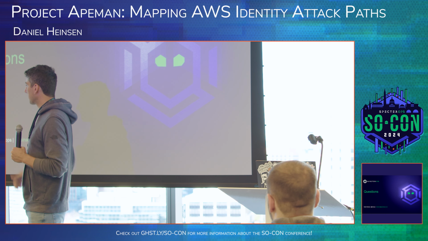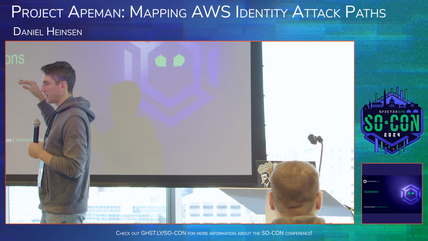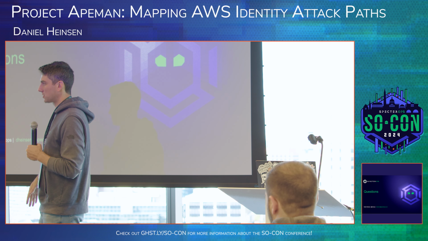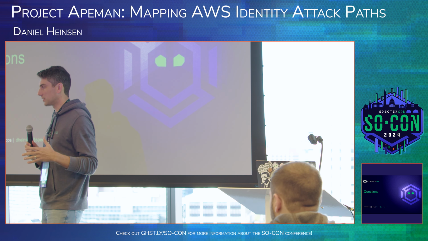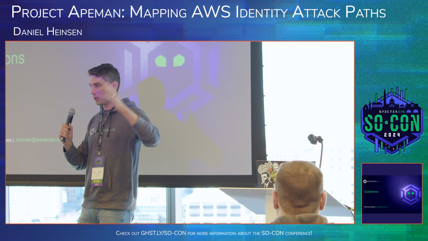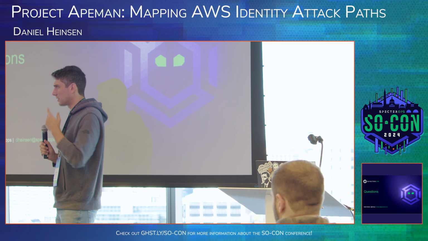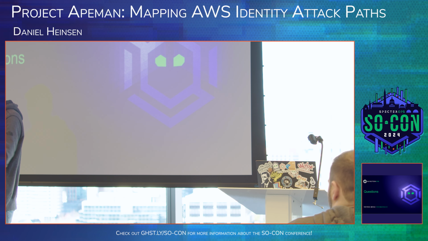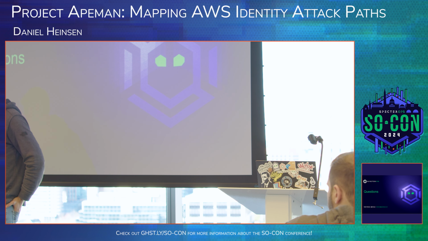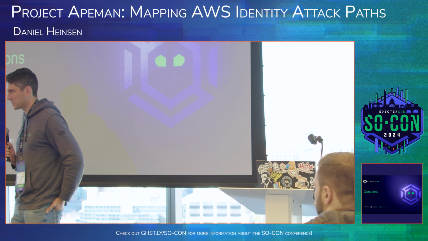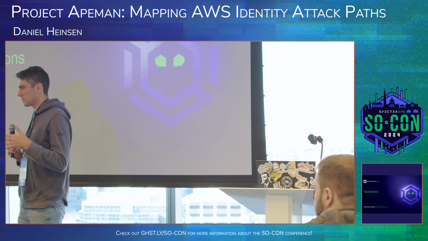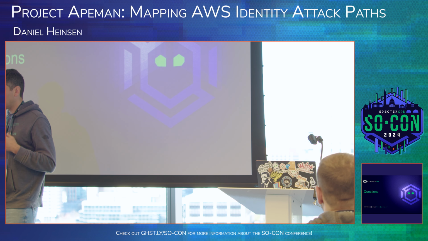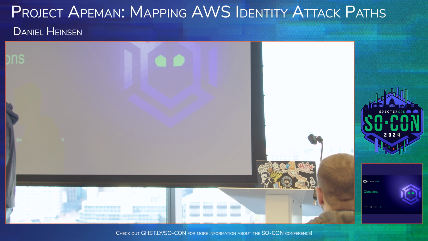Apeman ingests the account authorization details document. That's just one API call to get all of the IAM data. Depending on how you want to enumerate the rest of the resources, I forget what I used, it wasn't Config, but something similar to get the rest of the ARNs. You can do it however you want, and you can alert on that for sure.